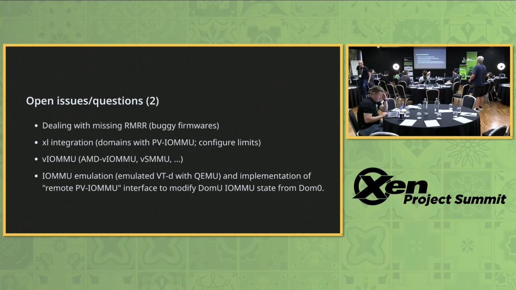So also some stuff regarding vIOMMUs. People told me about some patches in the past about vSMMU, and there is also the AMD vIOMMU part. So in Xen we have an implementation of a virtual IOMMU for AMD. Did you actually delete it?